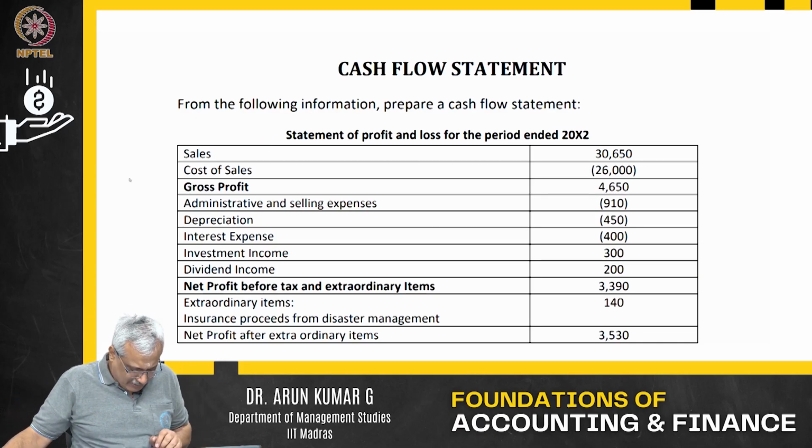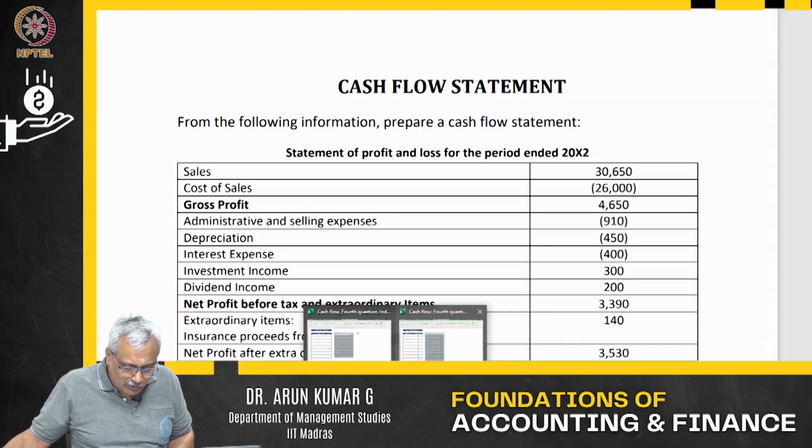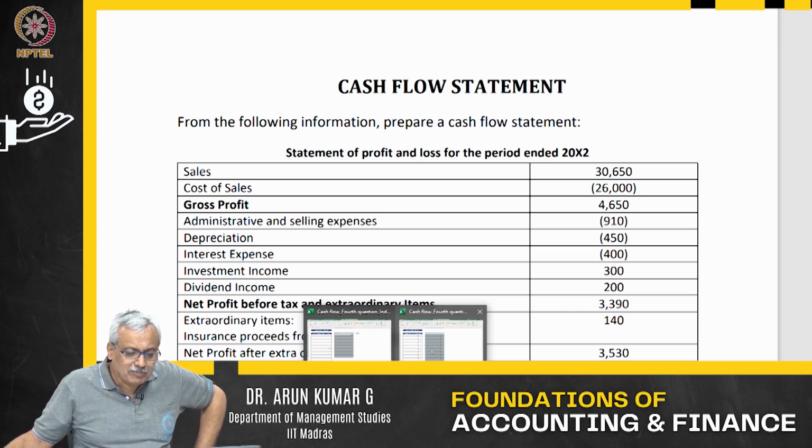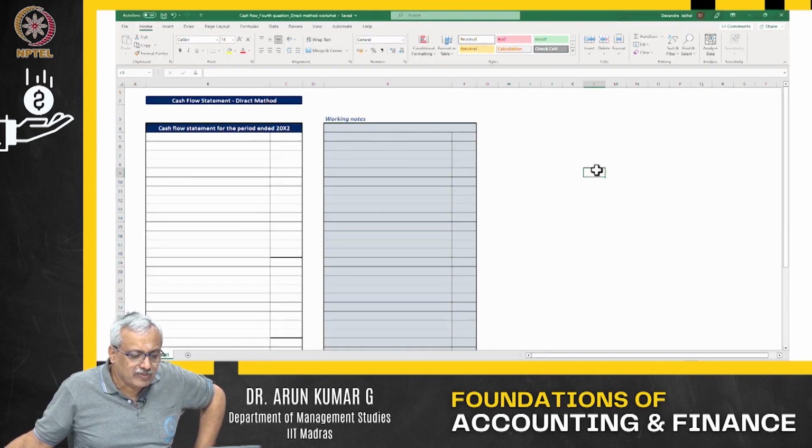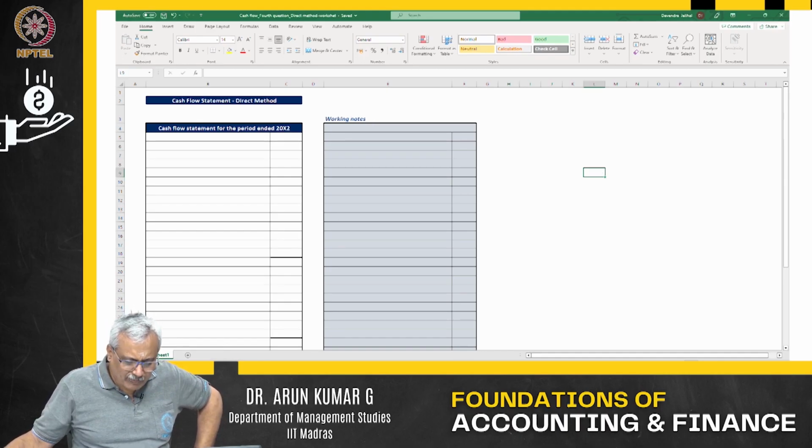I am going to keep this as the problem statement, and I am going to move to the Excel, where I am going to look at preparing the cash flow statement for the year ended so and so under the direct method. When we say direct method, what do we mean specifically in this particular case?